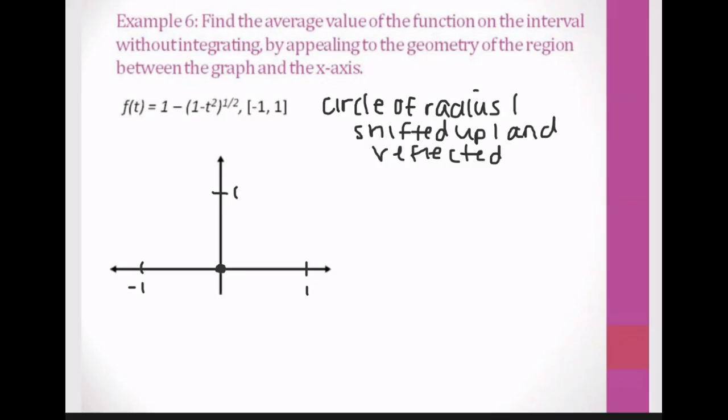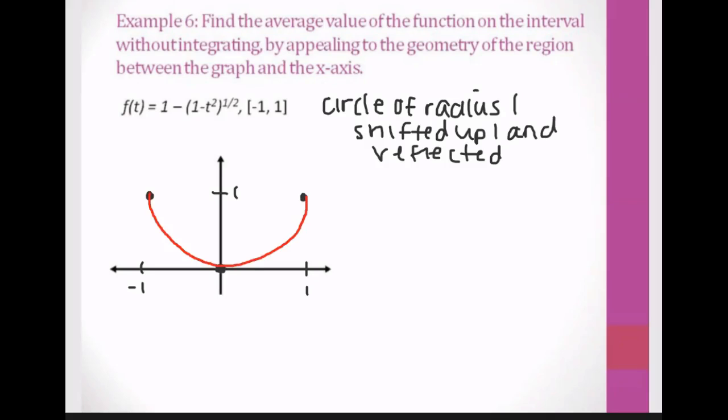Because again, if you plug in -1, squared is 1, 1 minus 1 is 0, square root of 0 is 0. So you get 1 minus 0, which is 1. And if you plugged in 0, 1 minus 0 squared is 0, 1 minus 0 is 1, square root of 1 is 1, 1 minus 1 is 0. So you can see kind of where that graph is coming from.